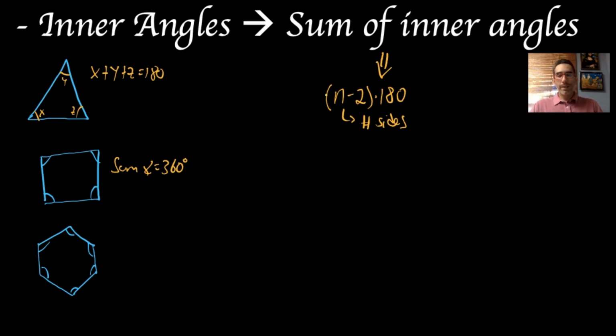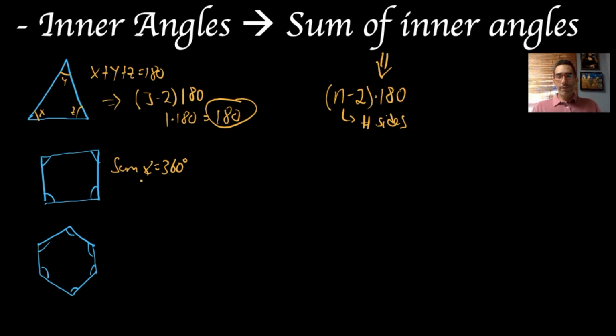So, for example, let's apply this expression to the triangle. n minus 2: in this case, what will be the value of n? The number of sides. A triangle has 3 sides, so this will be 3 minus 2, everything multiplied by 180. 3 minus 2 is 1, times 180 is equal to 180, and that's why we know that the sum of the inner angles in a triangle equals 180 degrees.